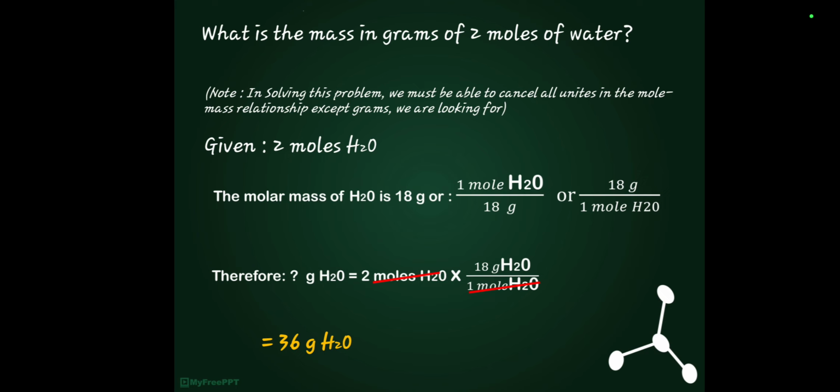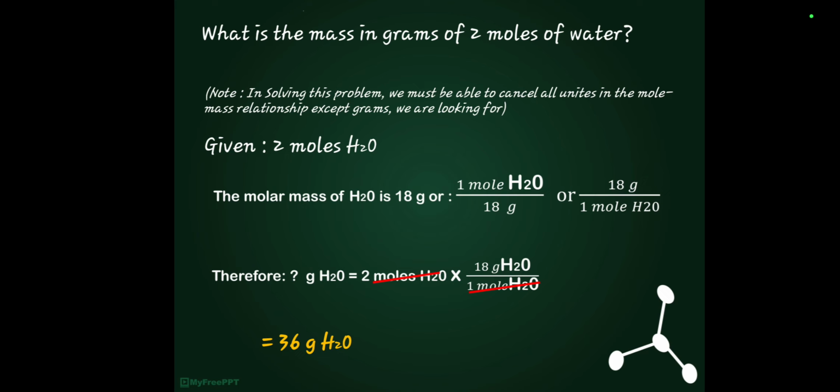Again, we have to add the atomic weight of each element. We have 1 oxygen and 2 hydrogen. One oxygen is equivalent to 16 grams, right? Then let's add the 2 hydrogen. Can you see the subscript 2 there? We have two hydrogen, so the atomic weight of the hydrogen would be 2, because 1 plus 1 is equal to 2.